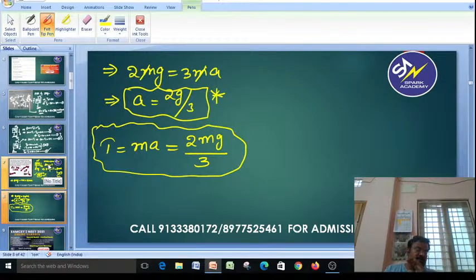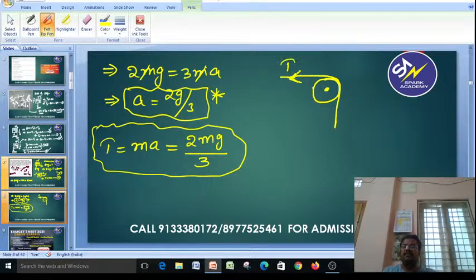Now let us think about the reaction force in this case. The string is connected to the pulley like this. Because of the tension, the tension acts away from the pulley on this side, so automatically a reaction force exists in this direction.